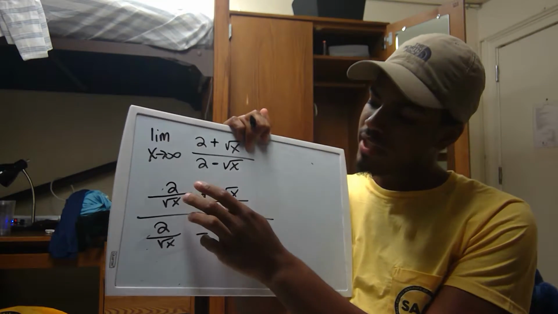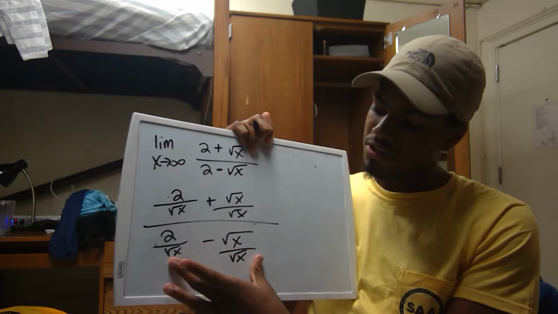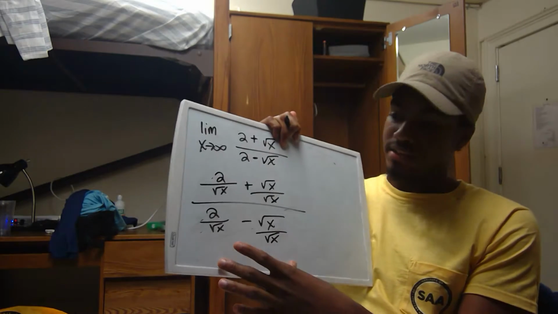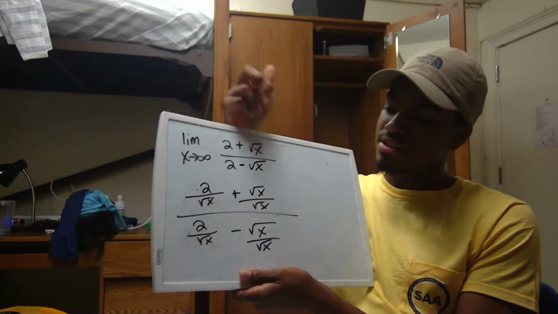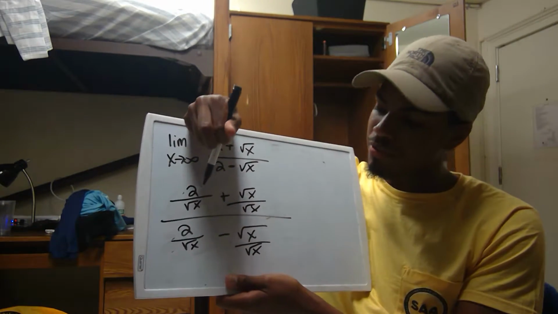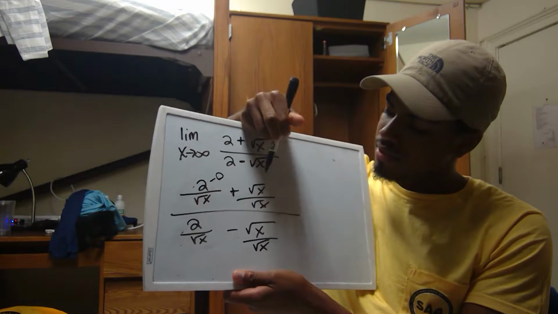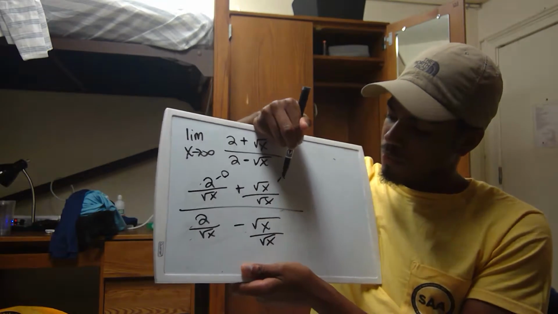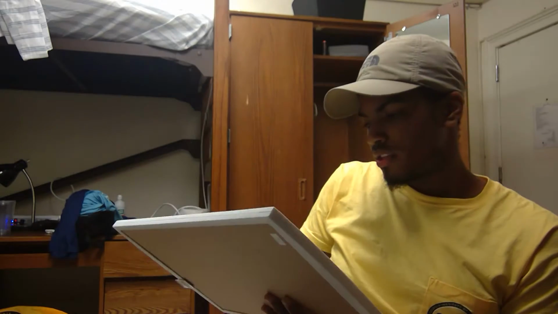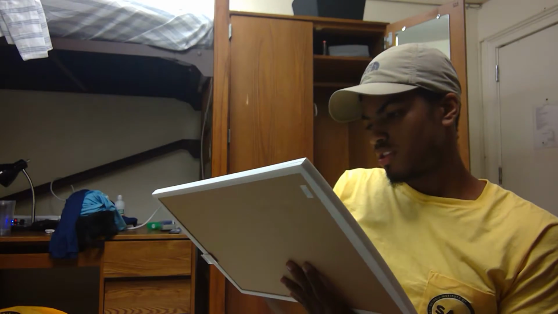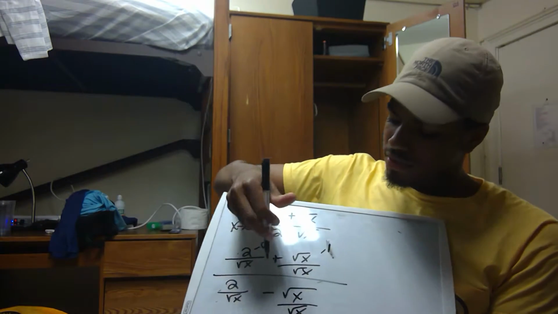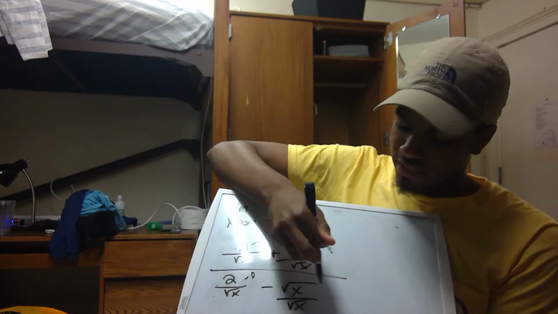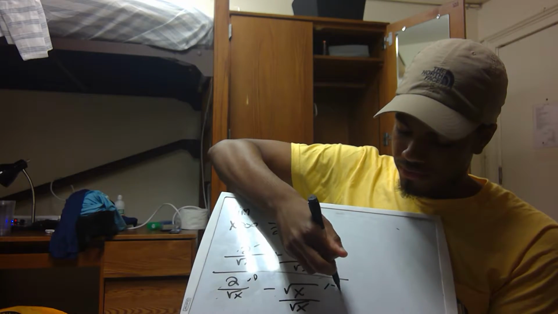And now we can take the limit of all these terms individually and add them together and divide them at the end. Okay, so the limit of 2 over the square root of x is 0. Square root of x over square root of x gives us 1. 2 over the square root of x gives us 0 again, and the negative square root of x over square root of x gives us negative 1.